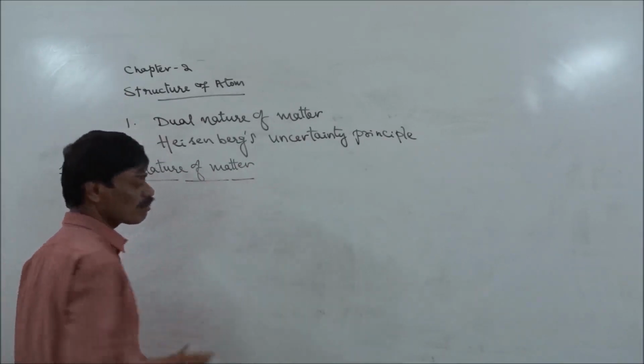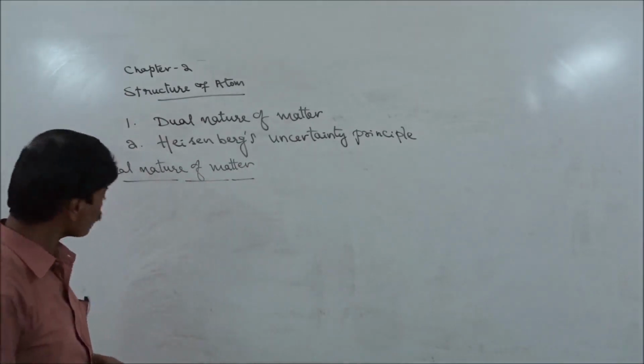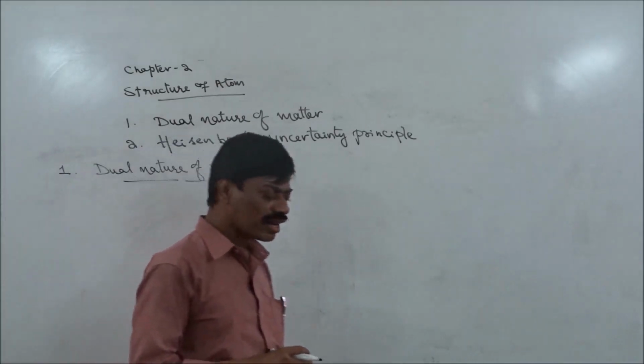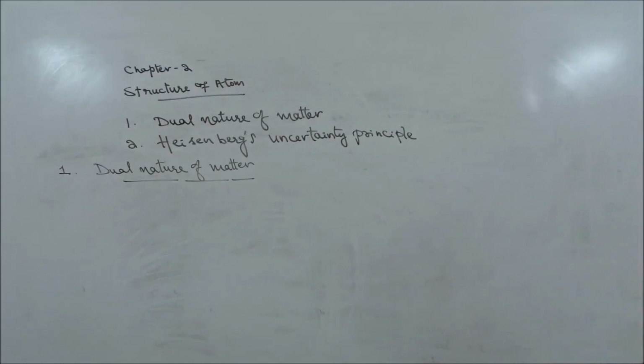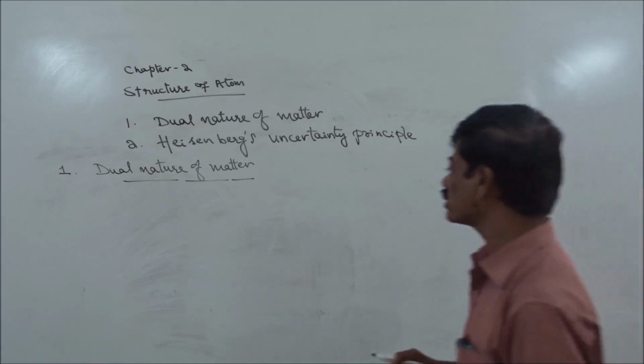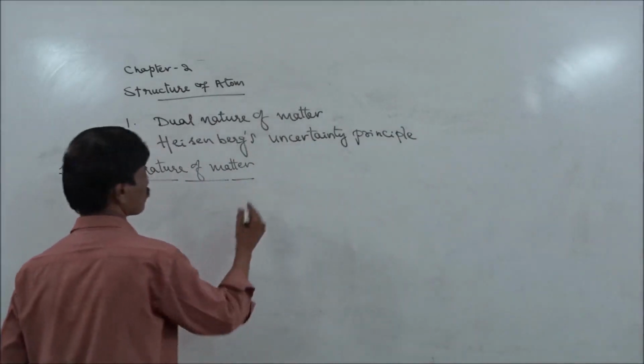Dual means double nature. So here matter has double nature, that is particle nature as well as wave nature. Any matter, irrespective of its physical state and whether it is composed of atoms or molecules, will always have two natures, that is double nature.